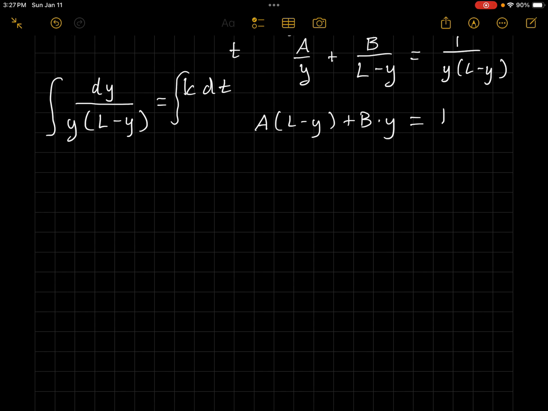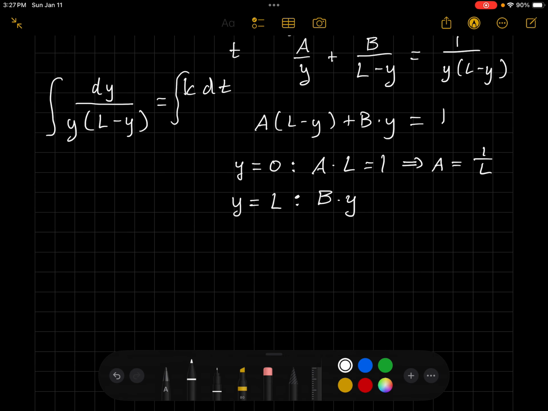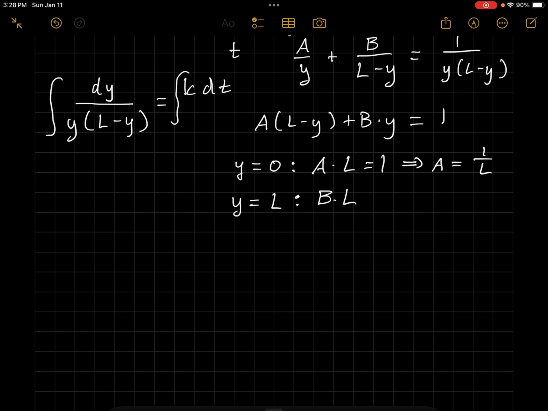If I were to choose y equals 0, we would get a times L equals 1, or a equals 1 over L. Choosing y to equal L, we would get a times 0 plus b times y. Let me fix that really quickly. B times L, because y equals L, equals 1, which would give us b equals 1 over L as well.